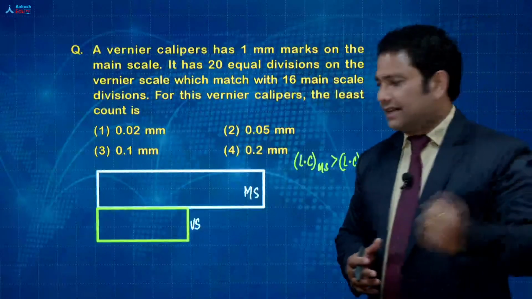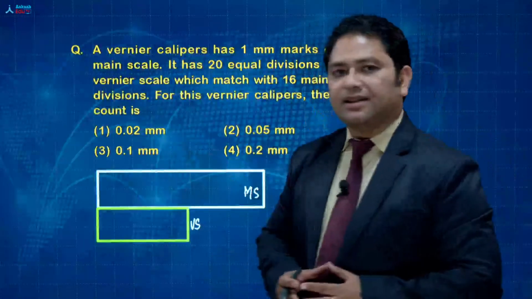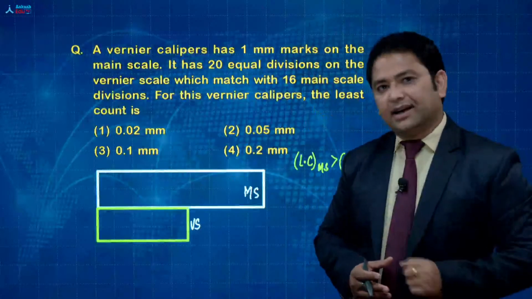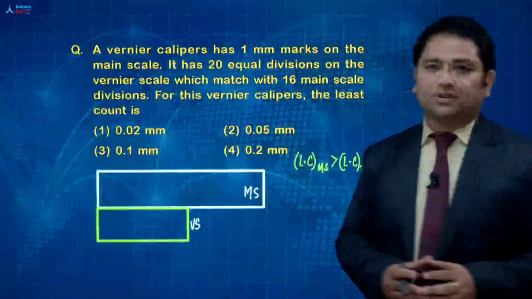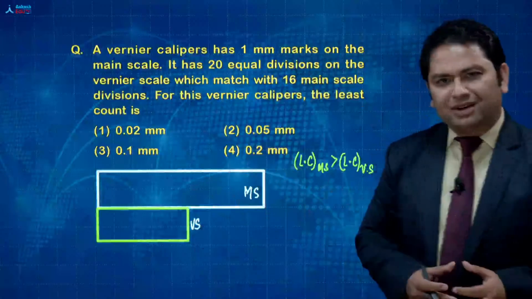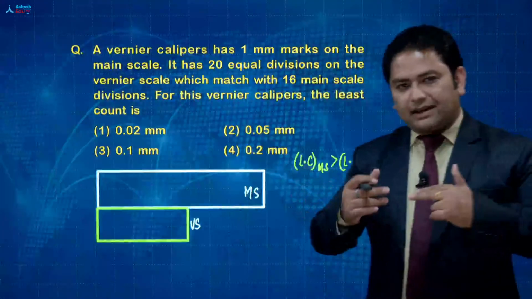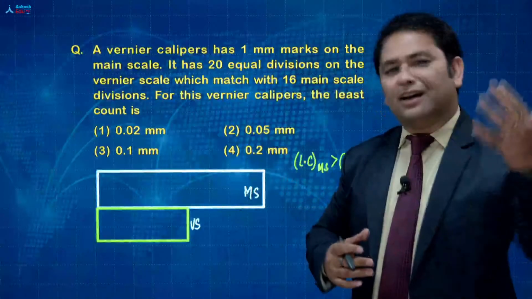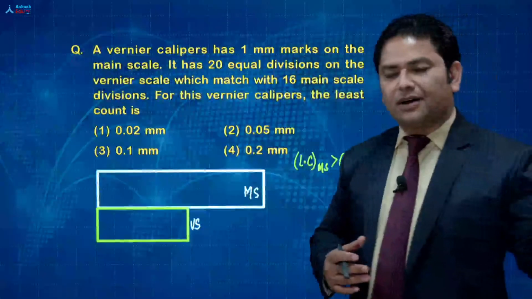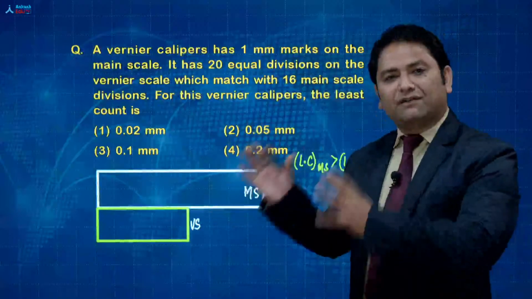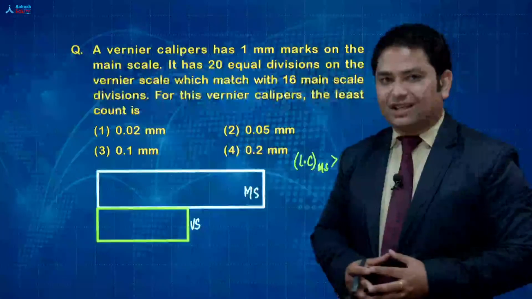Like say for instance, main scale ka least count agar 1 millimeter hai, vernier scale ka jo least count hai, that could be 0.9 millimeter, 0.8 millimeter, that's perfectly fine. But that difference is not kept very large. We'll not go into that part, but that's in the design feature, the specification of the gadget.